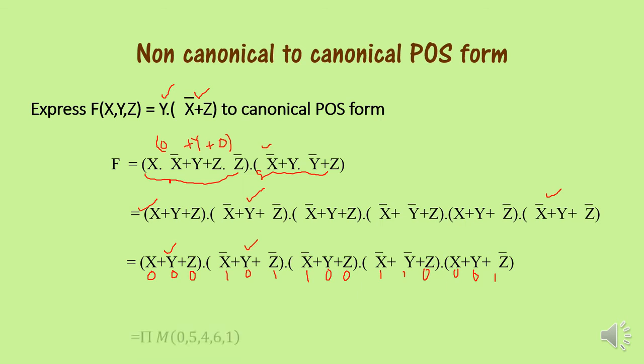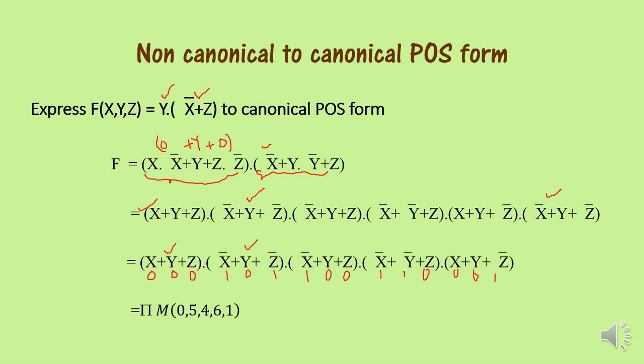So what is the decimal notation? That is Pi M equal to 0, 5, 4, 6, 1. So 0, 5, 4, 6, 1 is the decimal notation of this canonical POS form.